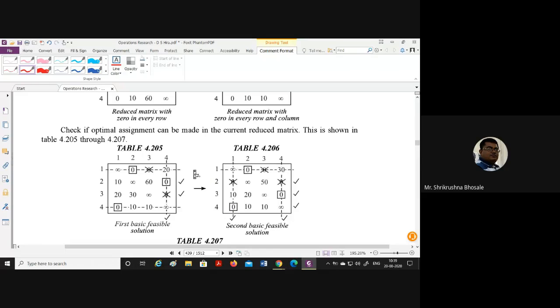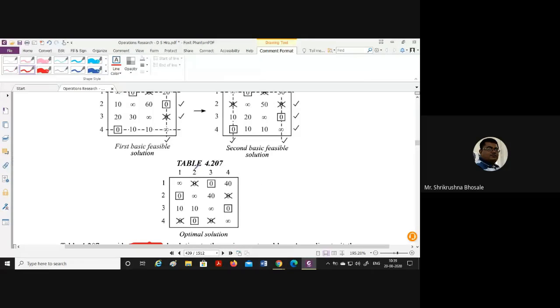After this, if you go for the third allocation, here it is found that again from city 1, if he goes to city 2, then from city 2 he will go to city 4, and from 4 he will go to 3, and again from 3 he will go to 4. So such allocation is not possible here also.